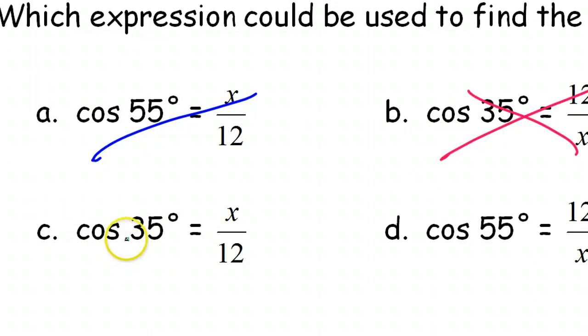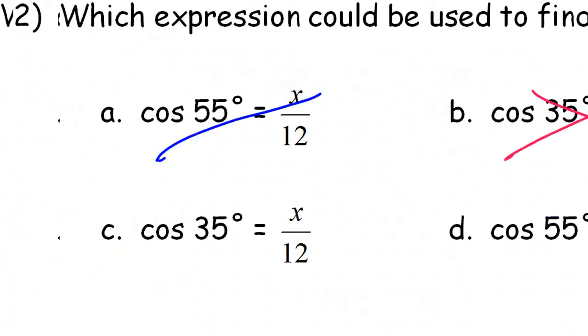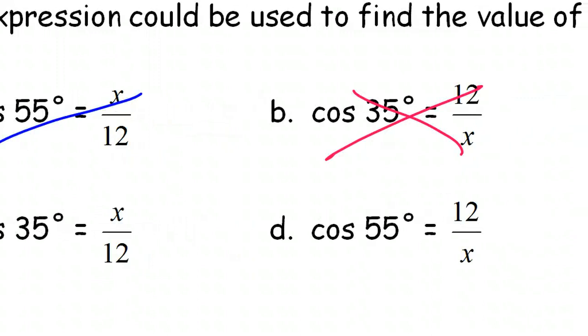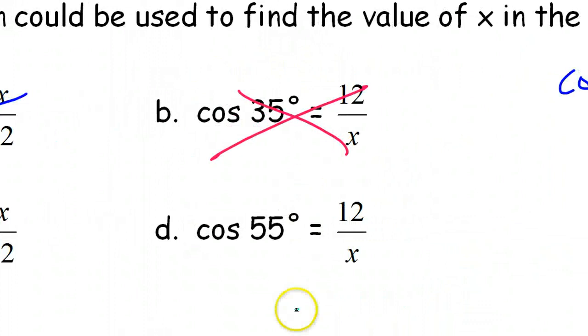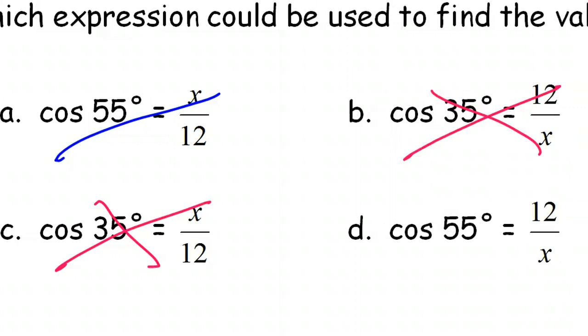So if you look at C, cosine of 35, let's see, wait, didn't we just do that? Yeah, I just talked about you can't do cosine of 35 any kind of way. It's not going to be 12 over x. It's not going to be x over 12. It's going to be mystery angle.